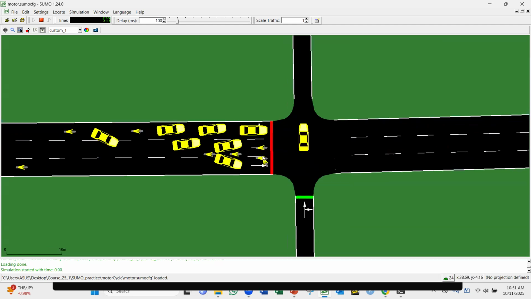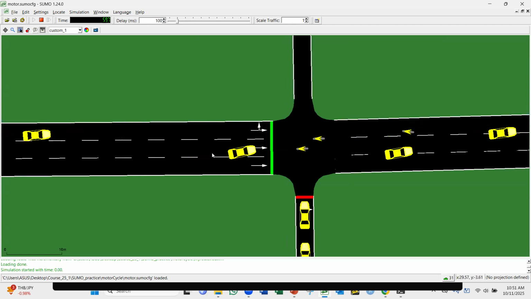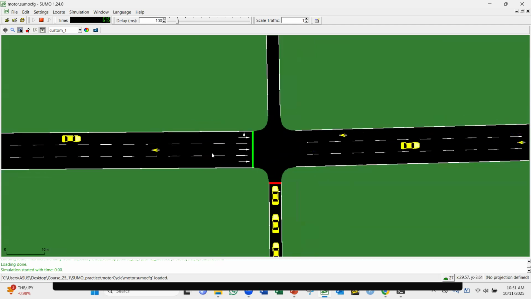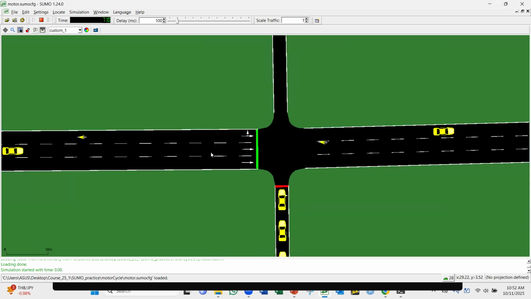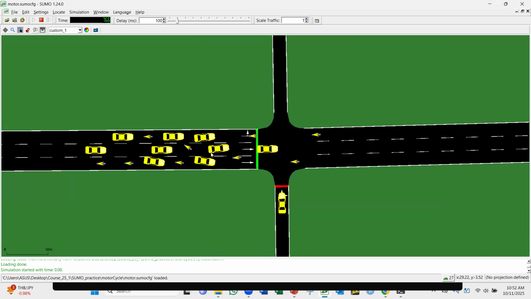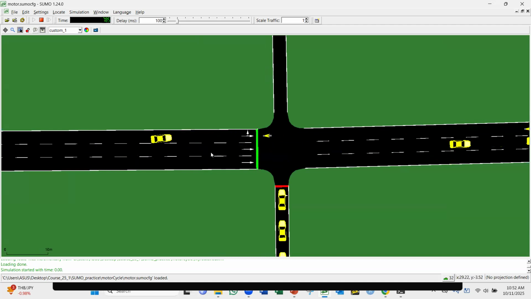Here we can see there are multiple motorcycles sneaking in, occupying the same lanes. This is modeling of a signalized intersection where we can see the non-lane behavior of motorcycles, or there is an option named sublane behavior of motorcycles.